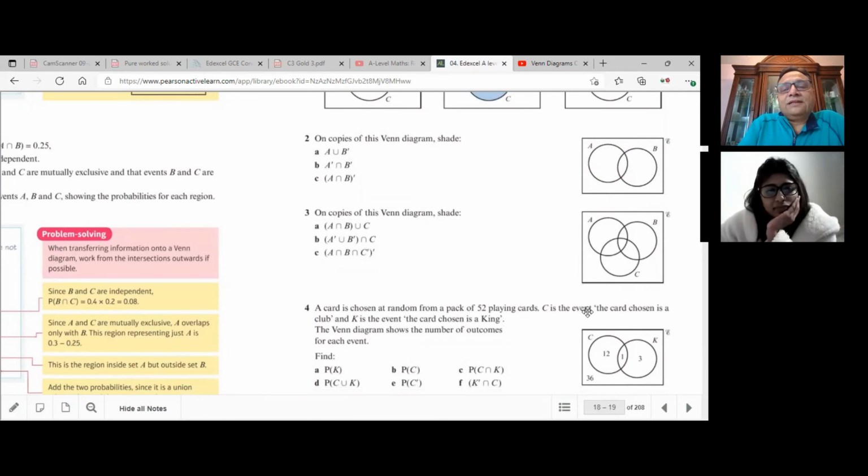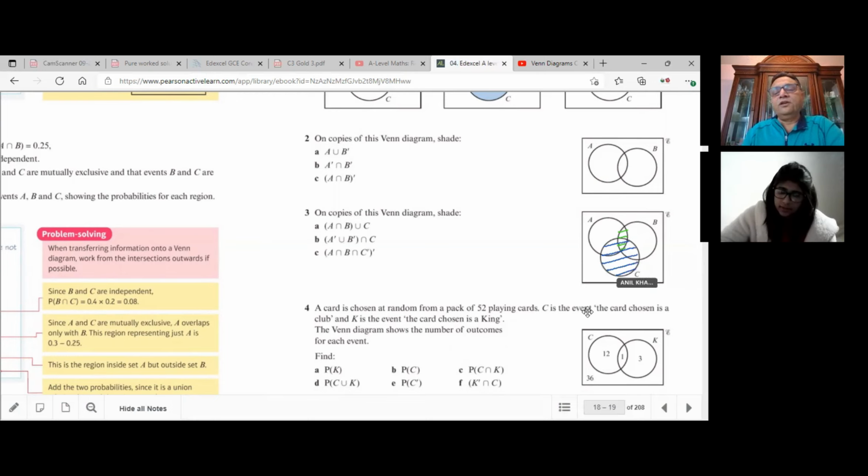Let's look into the intersection of A and B and shade that up. So A and B intersection is this one, correct? And now we want to include the union of C. Let me take another color to include everything in C. So everything in C will be this. Is that clear to you?